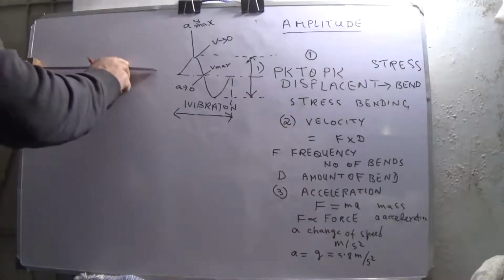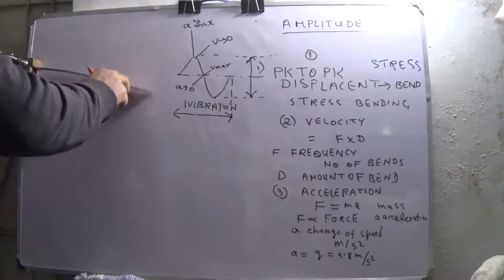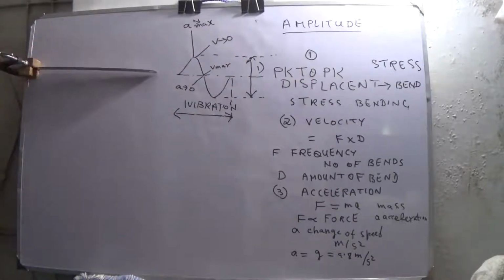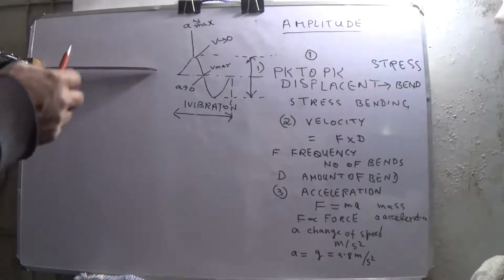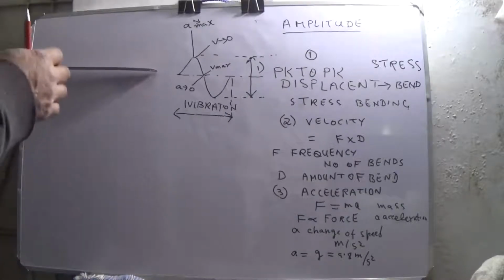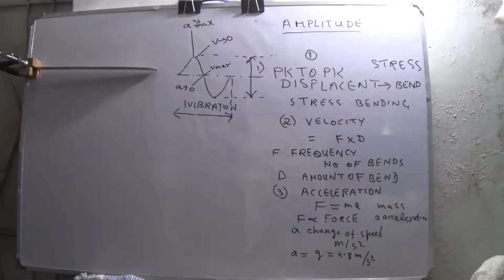This peak to peak displacement, or bending, is important when machines are low RPM, less than 1000 RPM, because in low RPM machines the condition of the machine can best be found by knowing the displacement.